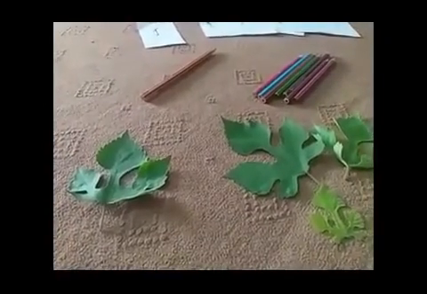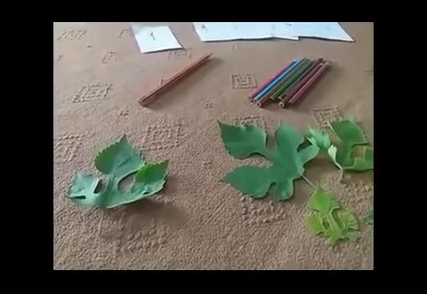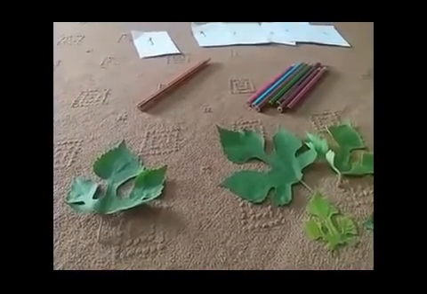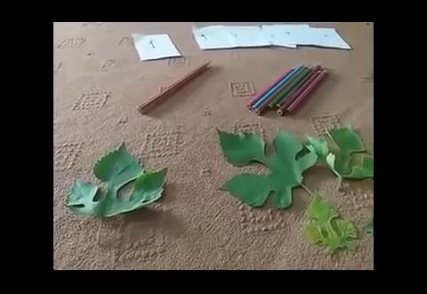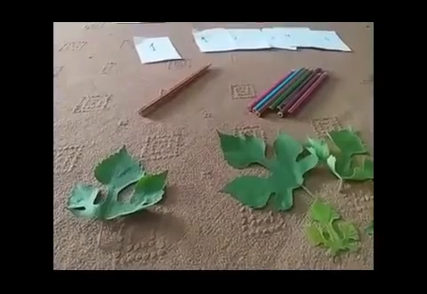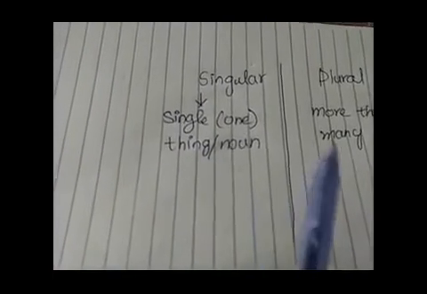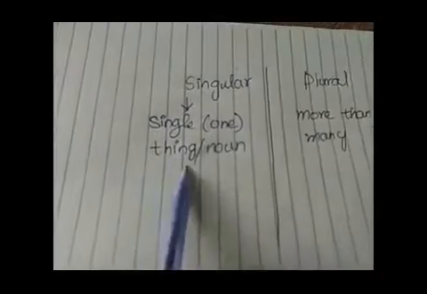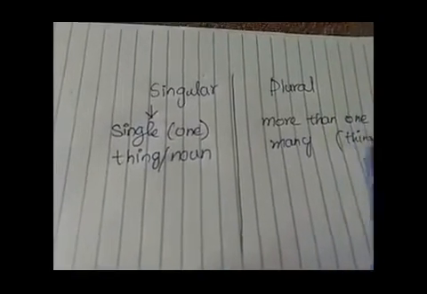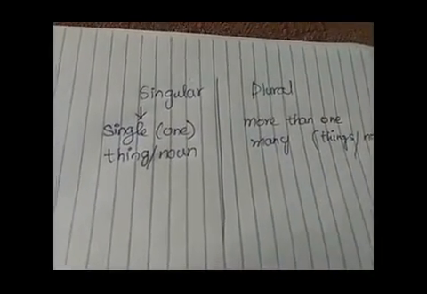Okay students, so moving on towards explaining the question, what is singular plural? You must have an idea about singular plural from your previous classes, but to make it more clear to you, here it is. Students, as you can see on the cover, singular means single, one thing or noun, and plural means more than one thing or noun, many things or nouns.